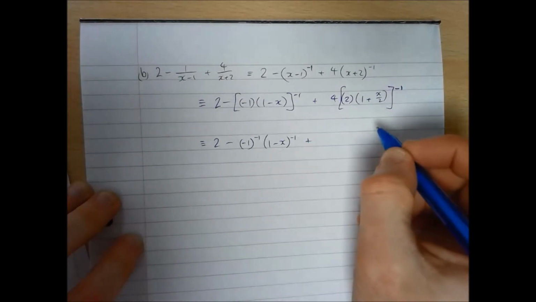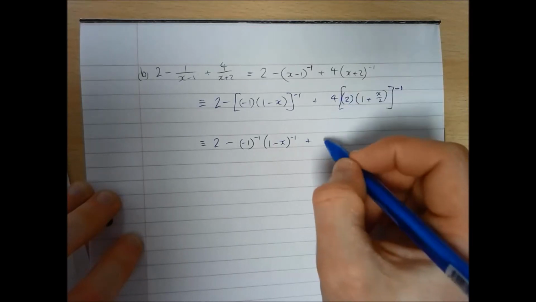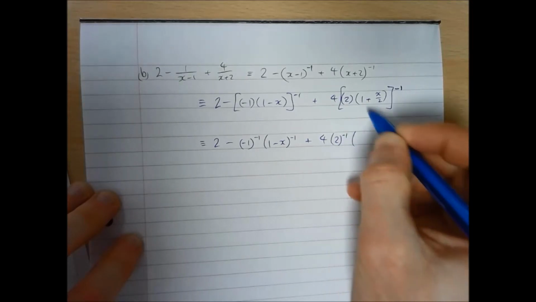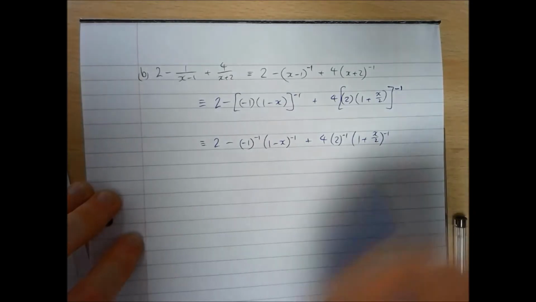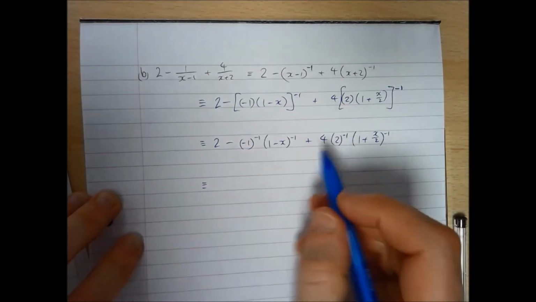Okay, so then taking this 2 to the minus 1 out of the bracket, we've got 4 times 2 to the minus 1 times this (1 plus x over 2) to the minus 1. Okay, now let's just tidy this up a little bit.